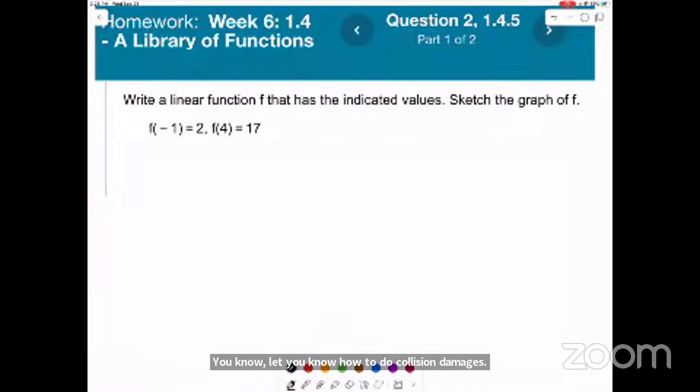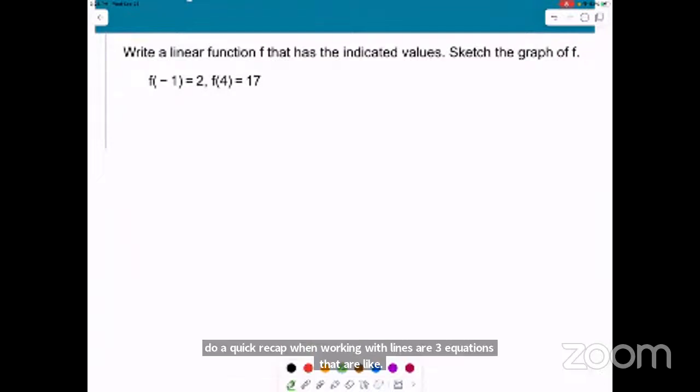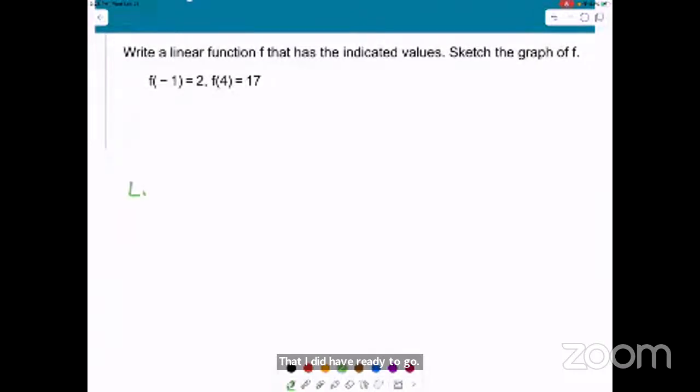All right, so a linear function, right? Let's do a quick recap. When working with lines, there are three equations that I feel it's a good idea to have ready to go. We have our slope formula, y2 minus y1 over x2 minus x1.